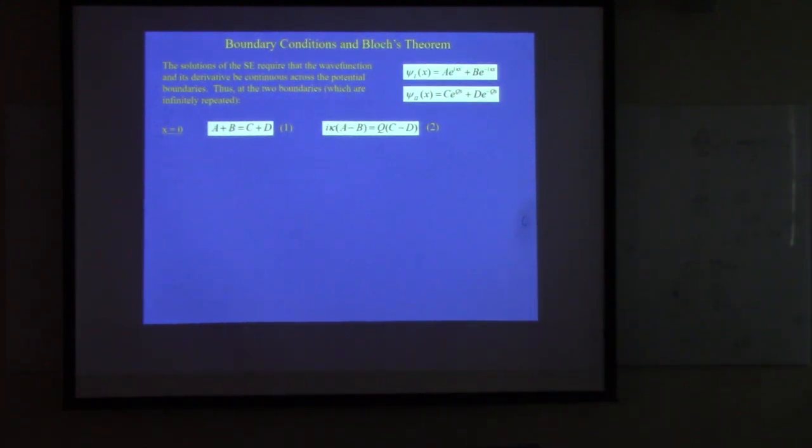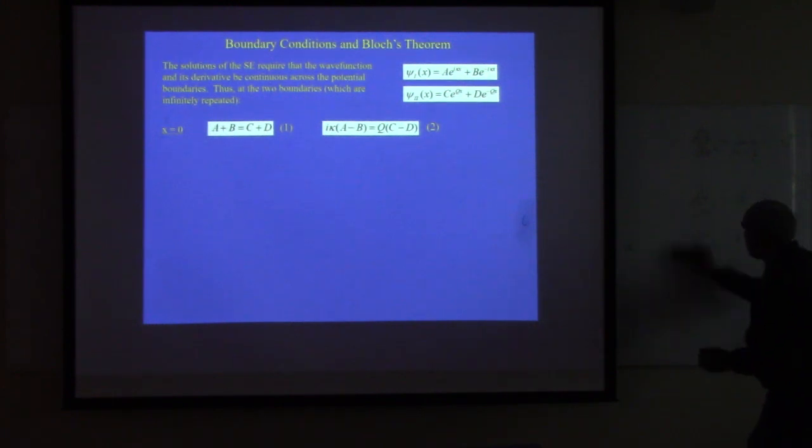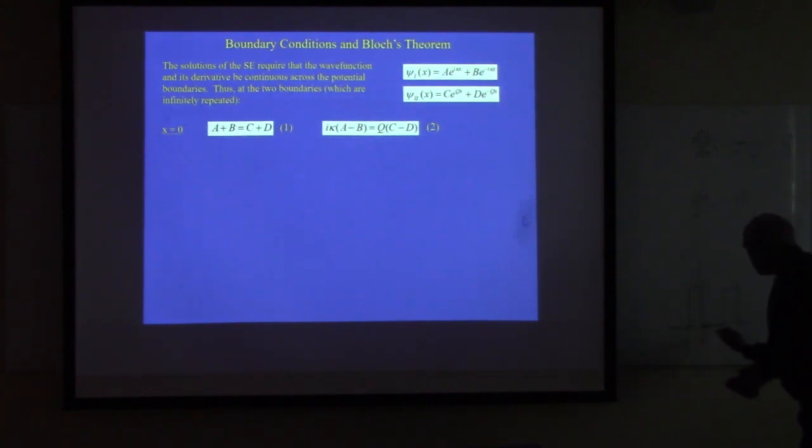Now we have to do it for x equals a, right? We did this at x equals 0. Remember, our wave function was something like this, right? So this is 0, this is minus b, this is a.